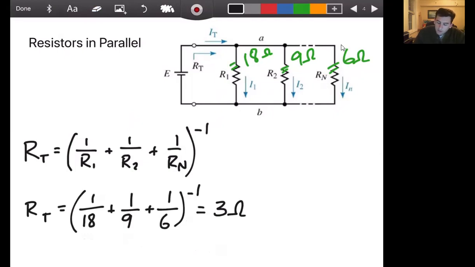Now we'll note that 3 ohms is less than any of the individual resistances that we had above here. And that's a key element to take away from this.